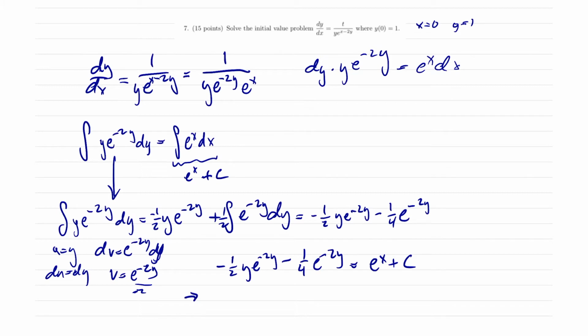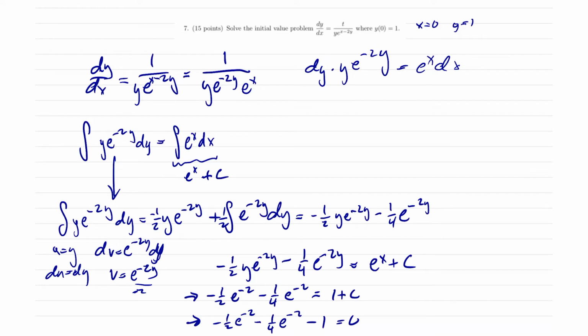So then we figure out that, let's see, it's going to be minus 1/2 of e to the minus 2 minus 1/4 e to the minus 2 is equal to 1 plus c. And so then c is this. It is going to be minus 1/2 e to the minus 2 minus 1/4 e to the minus 2 minus 1 is equal to c.